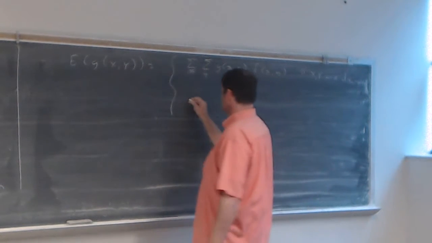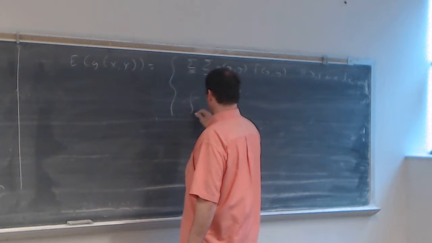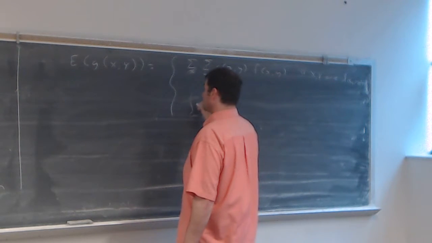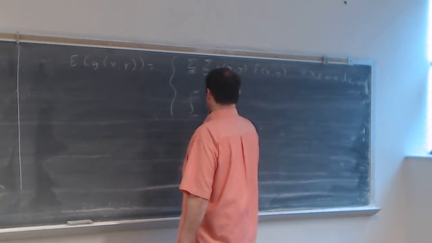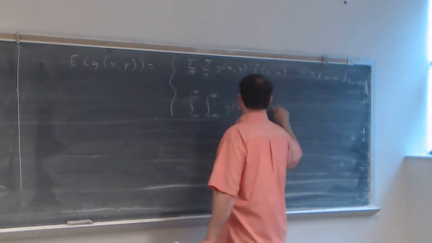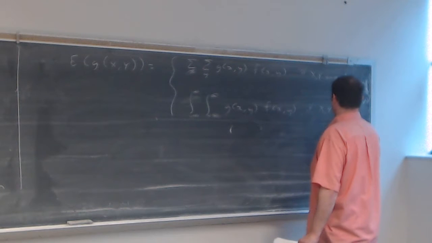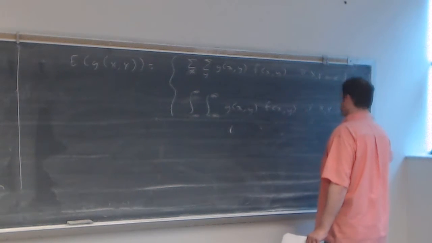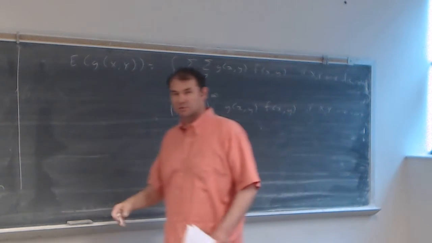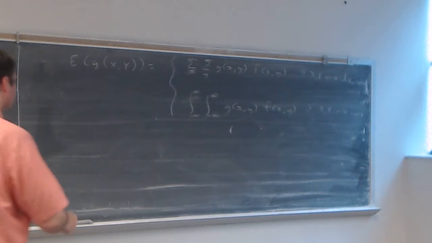Here it's the integral from minus infinity to infinity, minus infinity to infinity, of g of x comma y, f of x comma y, if x, y are continuous. So that's what we're finding, those two situations. And we're going to do two examples next.